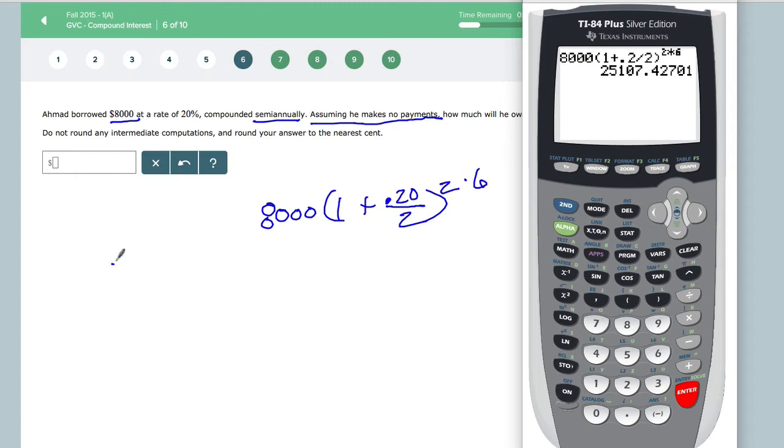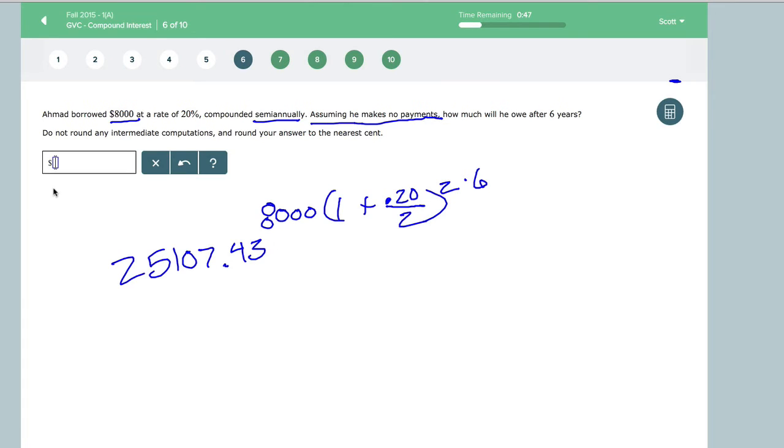And we see we have 25107, and because of that 7, we have to round up, so it's 0.43, not 42. And that's what we can type in, 25107.43.